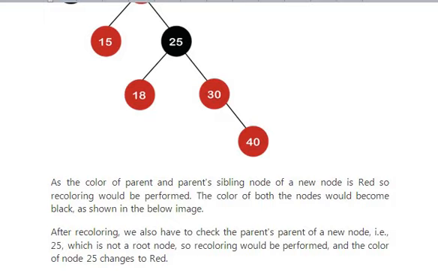So after recoloring, we have also to check the parent of a new node. The new node is 40, parent is 30, and parent is 25, which is not a root node. So recoloring would be performed, and the color of 25 changes to red.